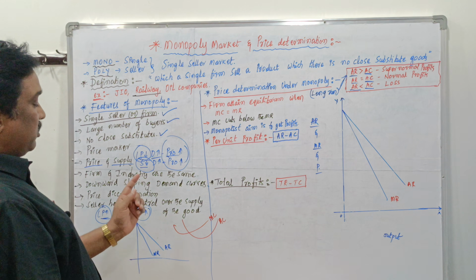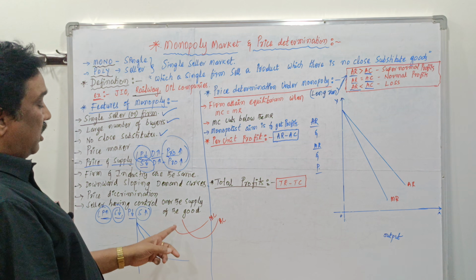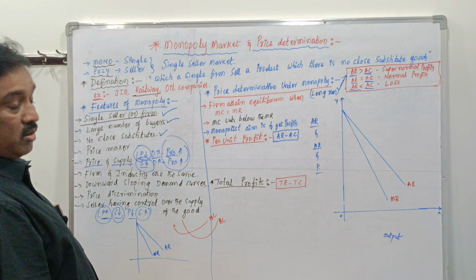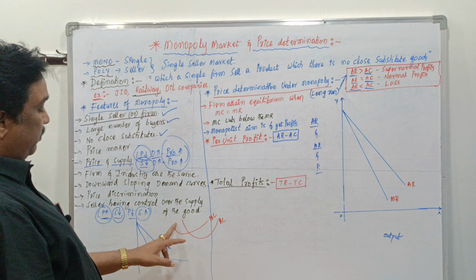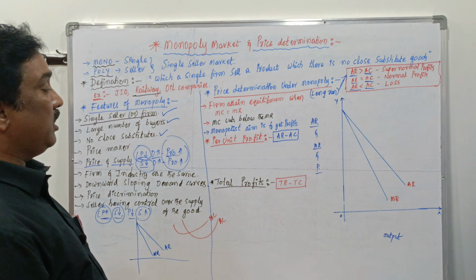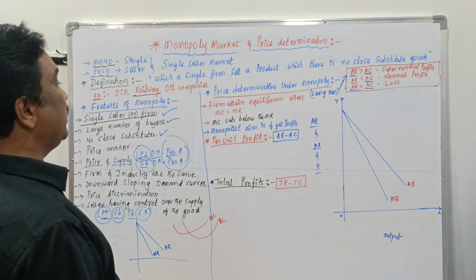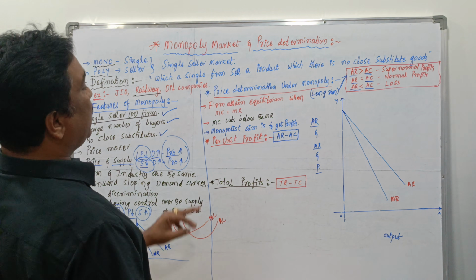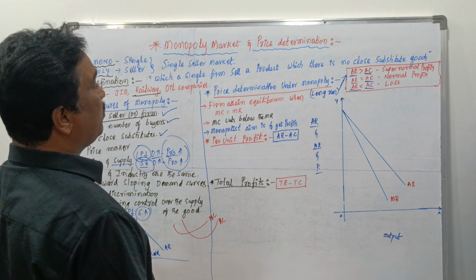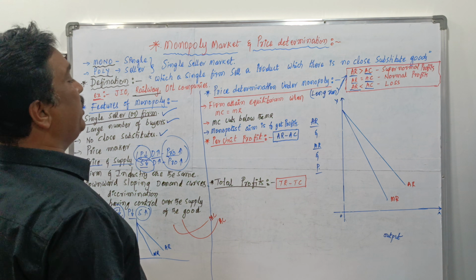Those U shape curves are called cost curves. So first I am showing how to determine the price under monopoly market during the long period.